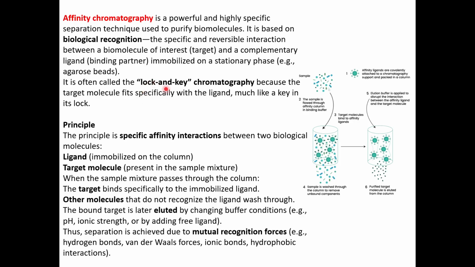So in the same way, your target of interest will only bind to its binding partner. So that is the reason you can easily purify only your specific target of interest. This is because the target molecule fits specifically with the ligand, just like how a key fits perfectly with the lock to open it. So that is why the lock and key analogy is also given for affinity chromatography.